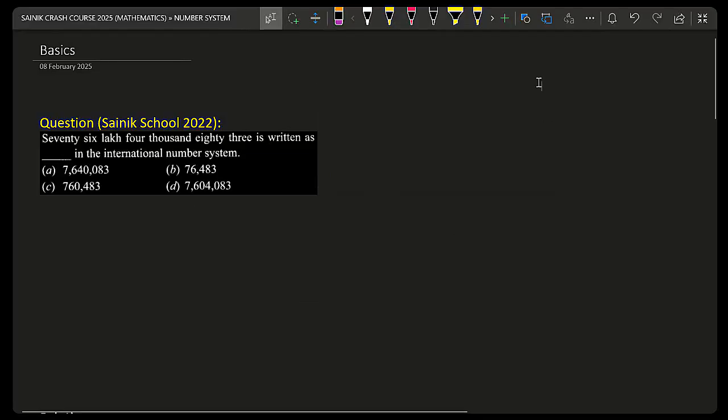All of you try to solve this question. 76 lakh 4083 is written as dash in the international number system. If anybody wants to give the answer, you can raise a hand now.